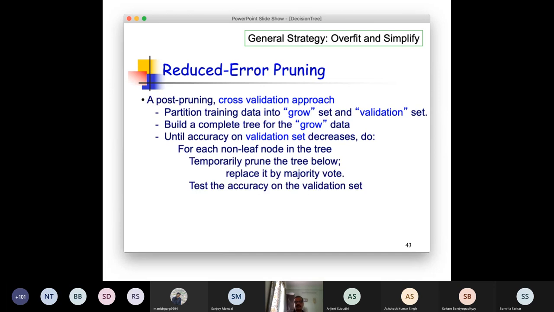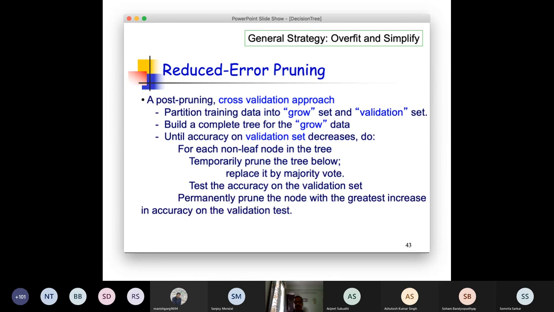For each non-leaf node in the tree, temporarily prune the tree below, replace it by majority vote, and test the accuracy on the validation set. Now, once again, it considers each non-leaf node, but you can reduce the computation by readily choosing some of the candidates in a bottom-up manner. So permanently prune the node with the greatest increase in accuracy on the validation set.